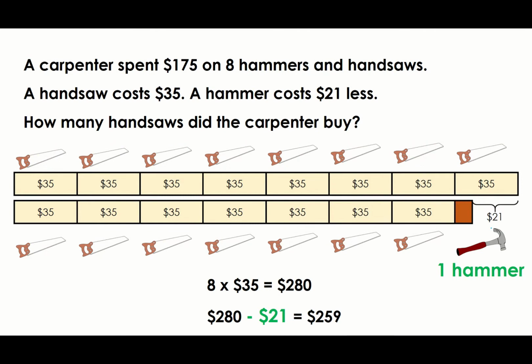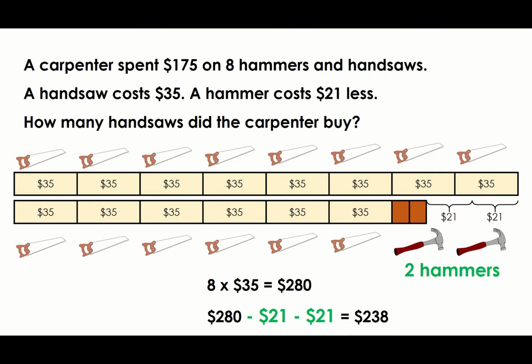What if I were to switch one more handsaw into a hammer? Now you see that if I switch 2 handsaws into hammers, then I would also reduce the total by $21 twice. 2 parts of $21 are removed from the total when I change 2 handsaws into hammers.